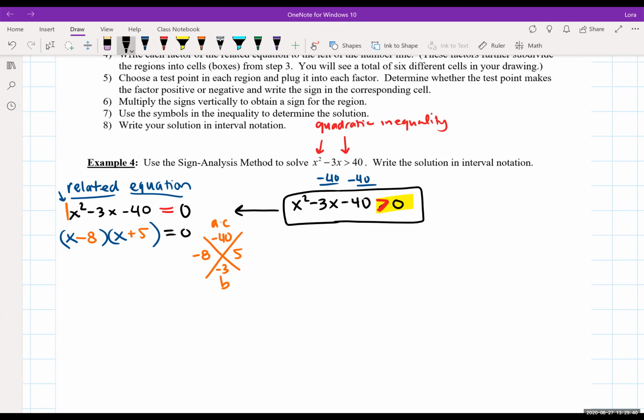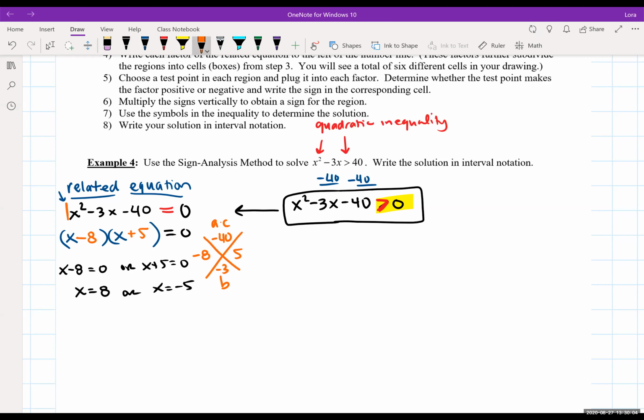Now we have two factors being multiplied. We'll set each one equal to 0. I know you could probably do this mentally, but just in case, sometimes the factors are a little more complicated, so that you know the process, we should get x equals positive 8 or x equals negative 5.